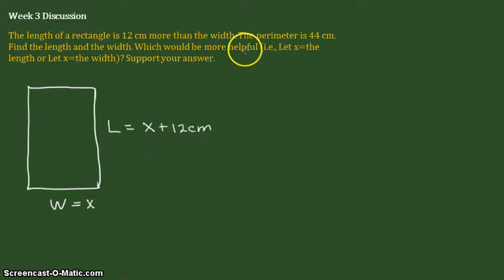Okay? And the other piece of information that they give us is the perimeter. The perimeter is 44 centimeters. So we know that the perimeter, which is the distance around the edges, is 44 centimeters. And then we write what the formula for perimeter is.